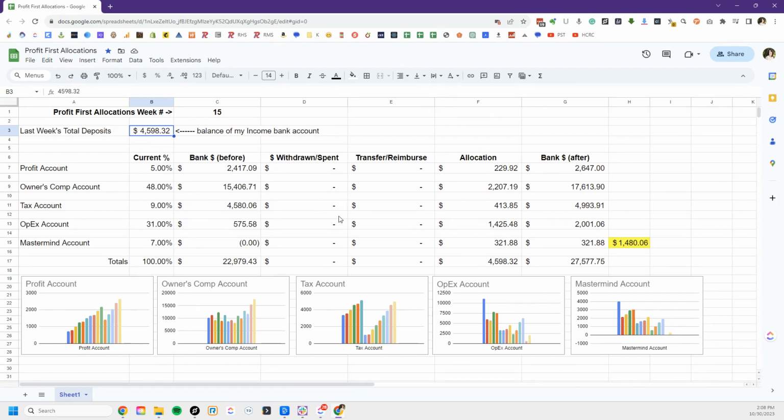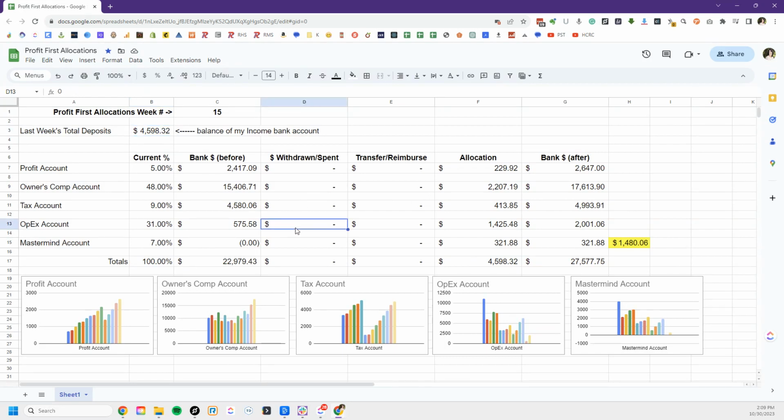Now, the way my business runs is everything gets charged to a credit card because I get cash back on that credit card. And I only pay one payment typically by check, which is my rent. So this week, the only thing I have going on is payroll.